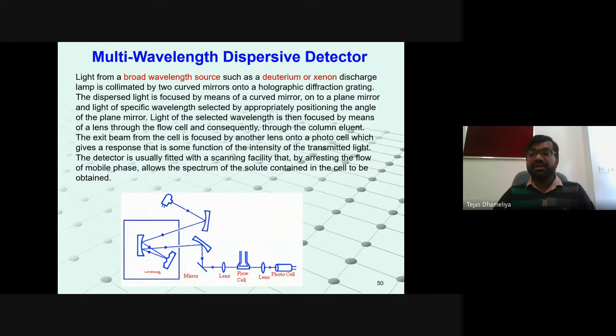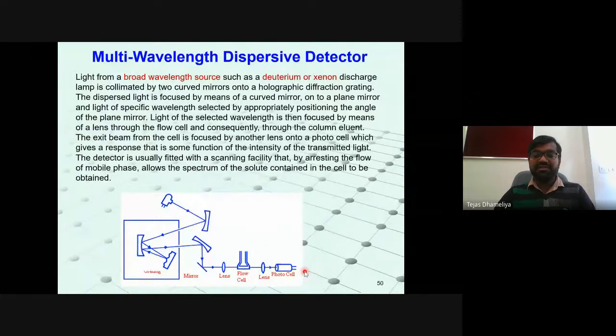They can be used for this purpose, where a certain wavelength is emitted through the mirrors and focused on certain gratings. Our purpose is to direct the radiations coming through the lens and mirrors to the flow cell unit. The flow cell is a unit, a vial or cuvette, where we keep our sample. Again, the light passes through the lens so that we can sense the radiations coming out of the flow cell unit.